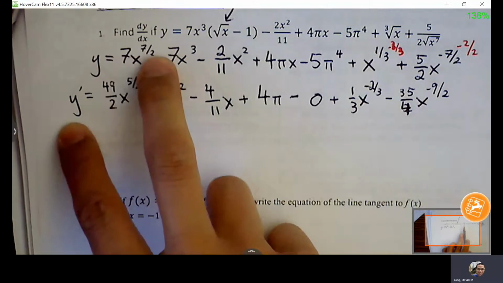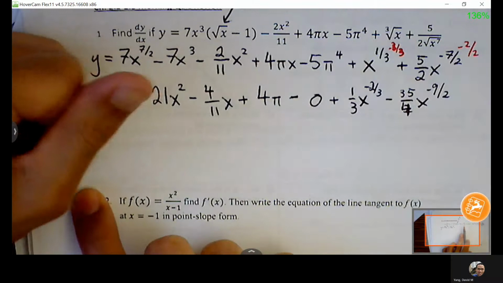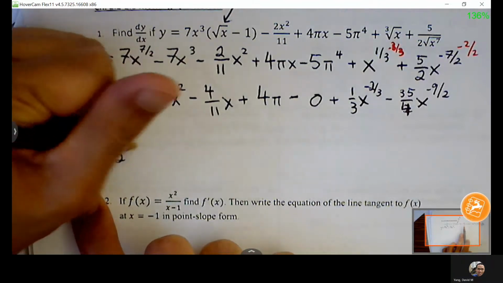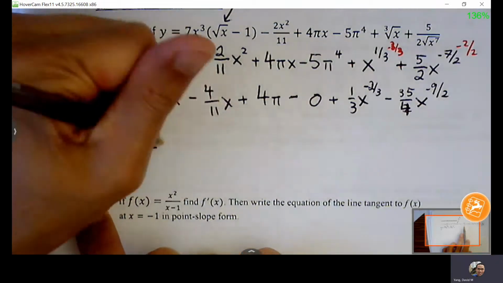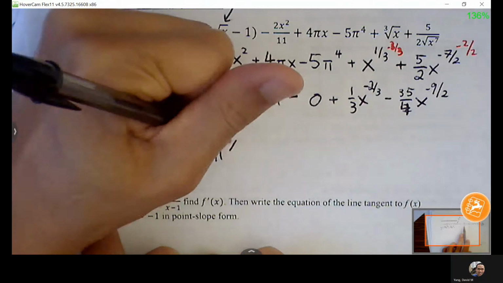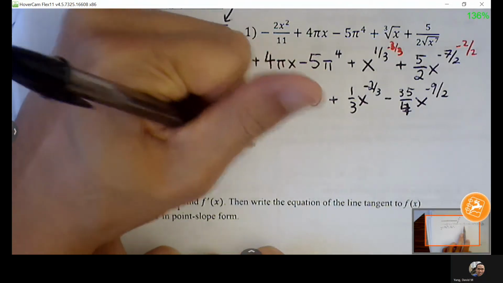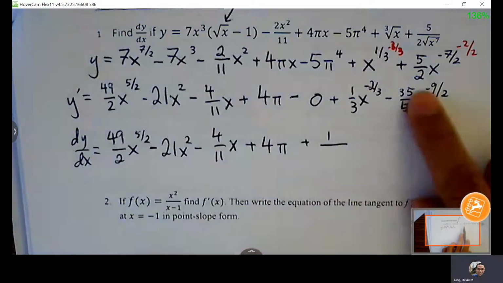Now, you can interchange them here. dy/dx is the notation for y prime. Okay.